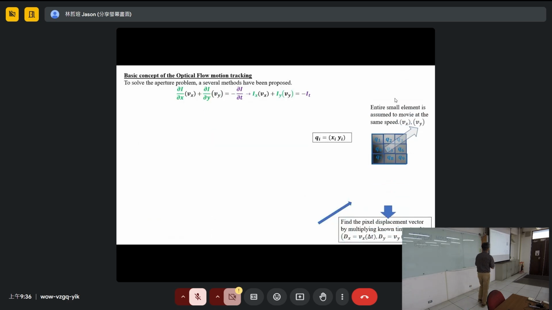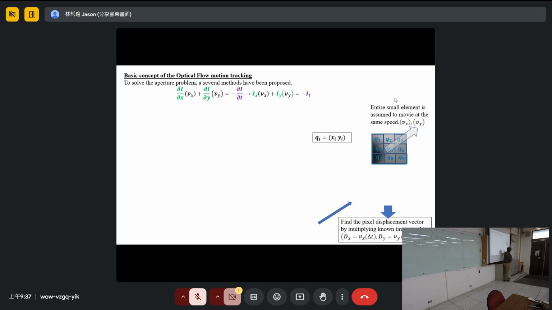If we look at one small patch of my Inu, let's say this is the point we will track, but we can assume the points near or around this center point should be moving at about the same velocity, right? We are not talking about a big area.